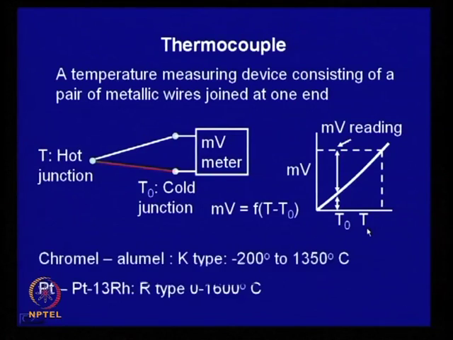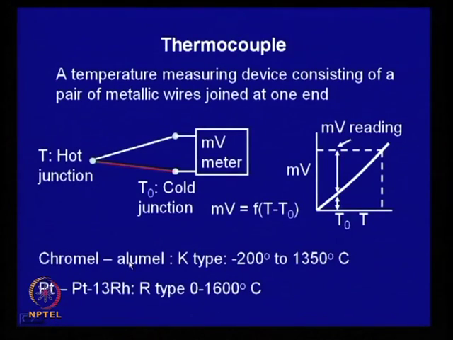Now, the question comes, what are the commonly used thermocouples which are listed here? One is chromel and alumel. So, one of these, say this is positive, this is negative, and this thermocouple, chromel is primarily an alloy of nickel and chromium, chromium and nickel.